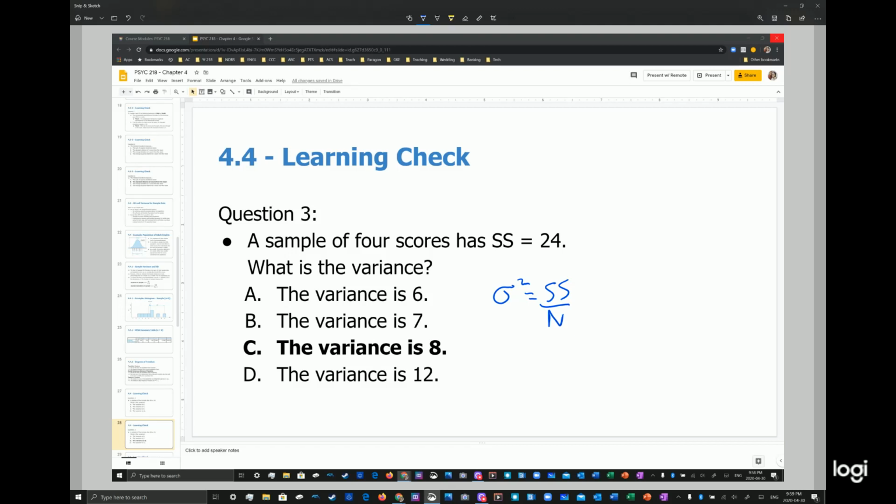We're talking about sample. So if we were to misread this as population, then the population size would be 4, and therefore sum of squares divided by 4, that's going to be 6. So that would be this one that you choose. But that's wrong, because we're not talking about the population. We're talking about the sample. So this will be wrong.